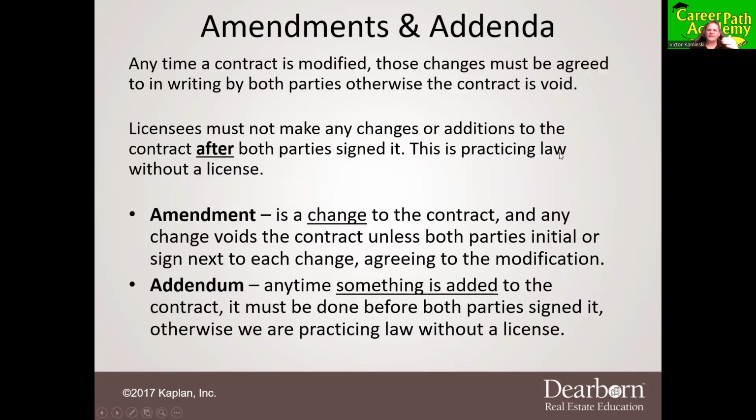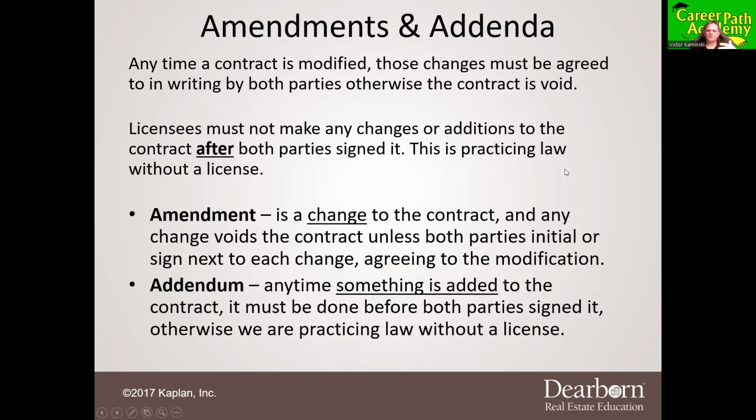Now, what is an amendment and an addenda? When talking about contracts, an amendment is a change. An addenda is an addition. It even has the word add in it, so you can remember it that way. Addenda is when you're adding something to a contract. An amendment is a change.